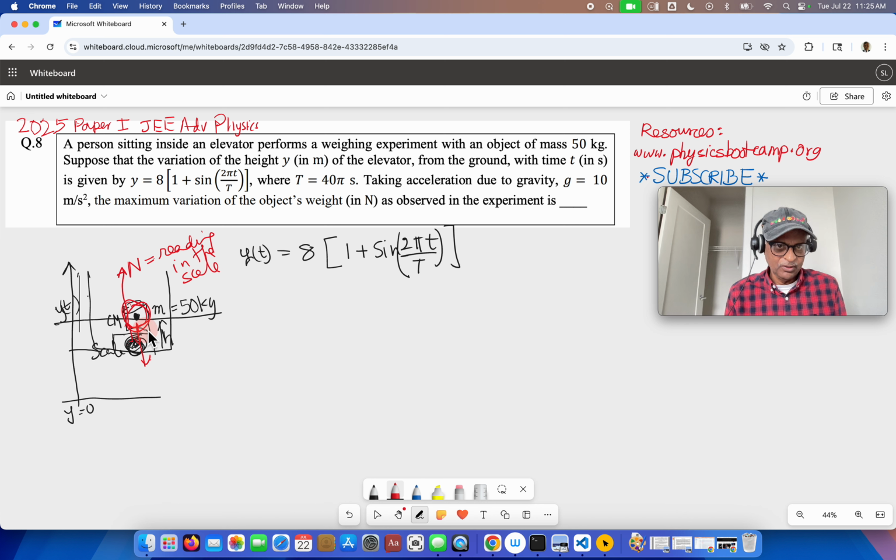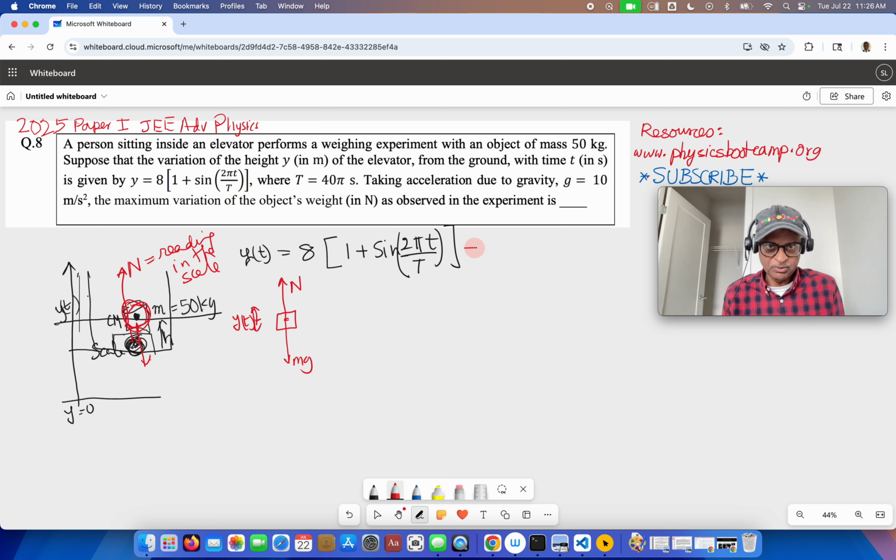Okay, so if I write it over here, this is the block, you have a normal force, and then its mg is that way, and its position is moving, this y of t, moving up and down according to this.